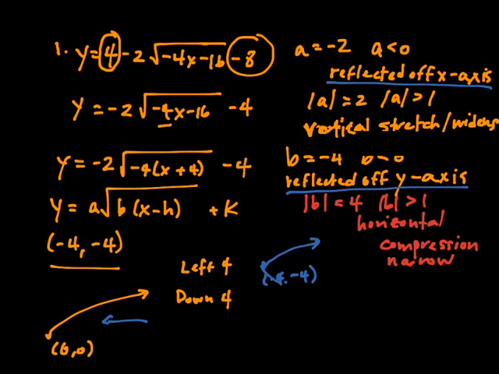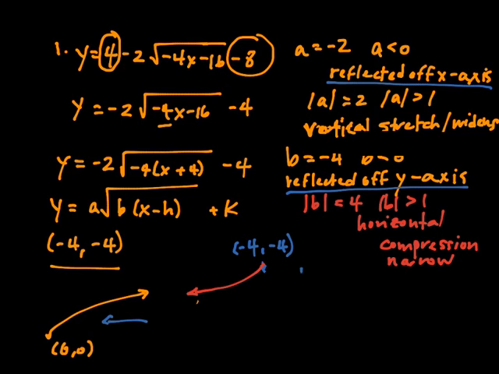When it gets reflected off of the x-axis, it's going to look like that. It's no longer going to look like that, but the vertex does not change. Now, if it gets reflected off the y-axis, I need more room. I'm going to go ahead and erase this right here. When it gets reflected over the y-axis, then it's going to get reflected like this. But that does not change the vertex. The vertex is still -4, -4.